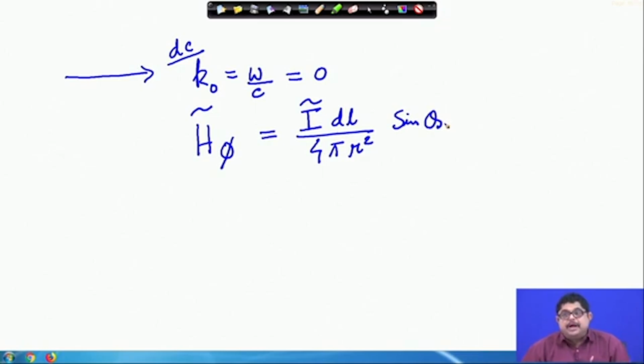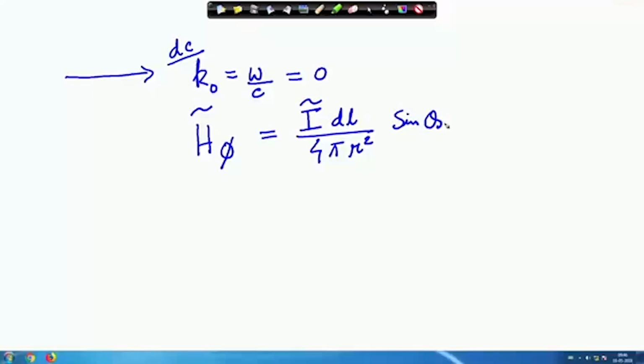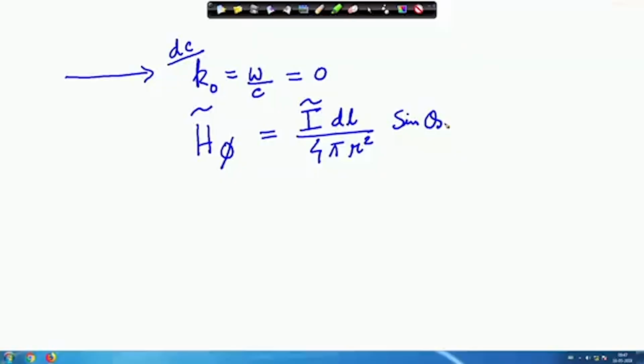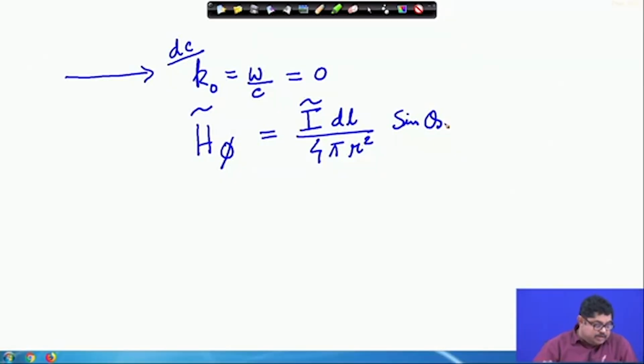If you remember, this was nothing but the magnetic field in magnetostatics: if we send a current I through an infinitesimal length dl, the magnetic field will be azimuthal, and this came from the Biot-Savart law. So, it boils down to the Biot-Savart law for DC, but for antennas, radiation needs a time varying current.